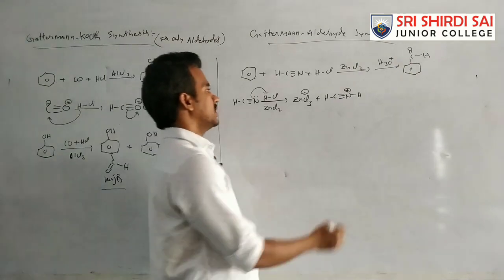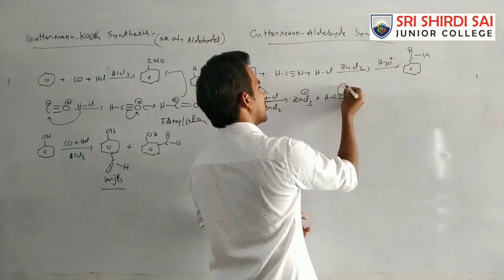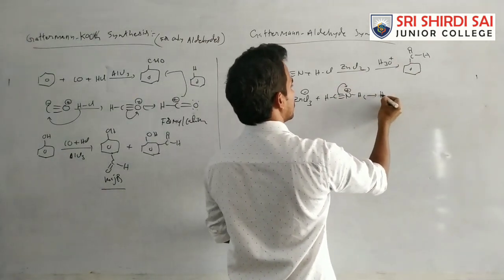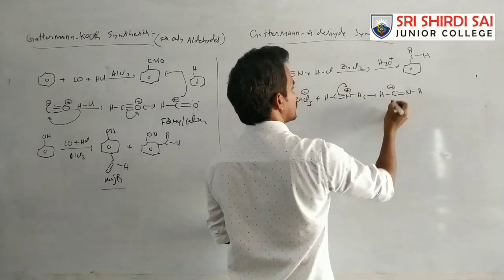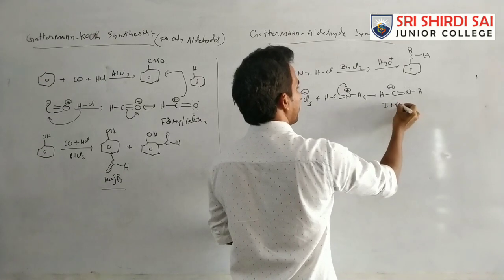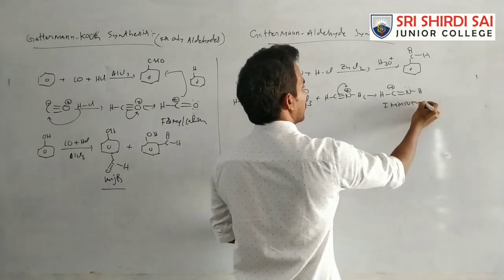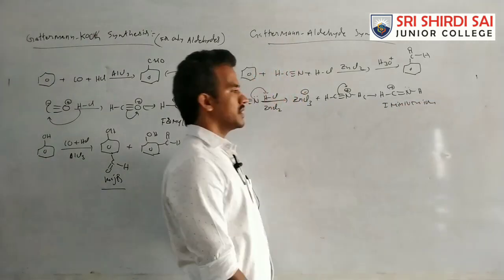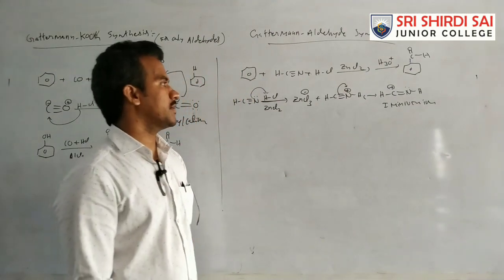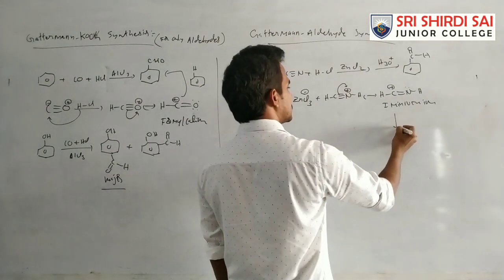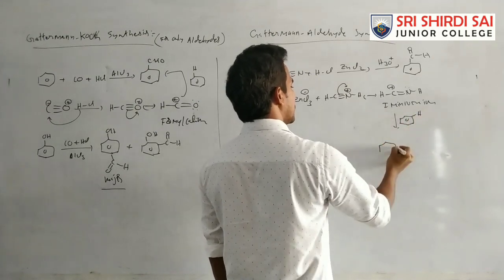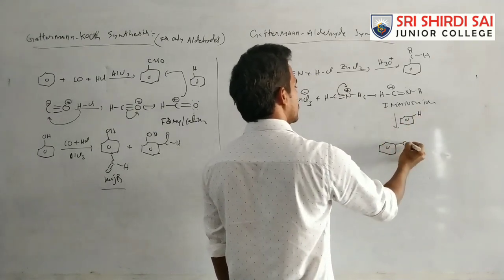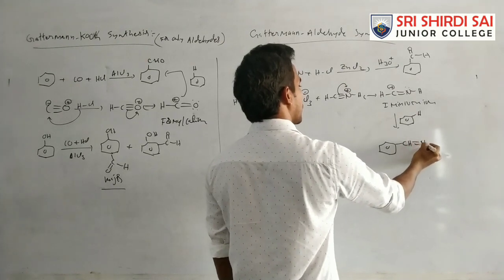Now if these pi electrons transfer to nitrogen, then carbon carries a positive charge. This is the iminium ion, or imine cation. This cation, the electrophile, replaces the H plus on benzene, giving CH double bond NH.